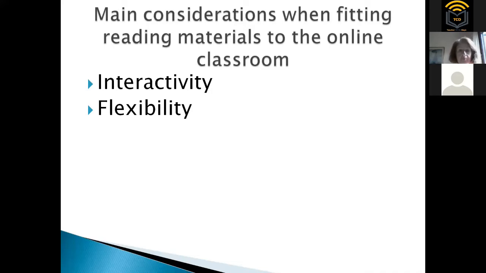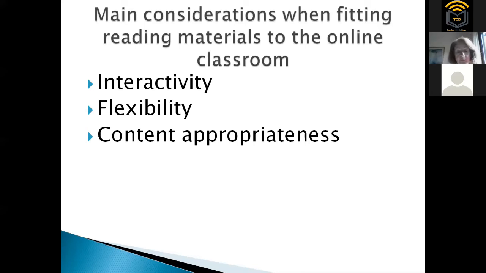Then, flexibility. Of course, materials have to be flexible, online ones even more so, because they have to be easier to use for learners, because learners can be hindered by technological, let's say, difficulties. So they have to be even more flexible. Content appropriateness, which means that materials should be easily understood and, of course, meet the needs of learners.